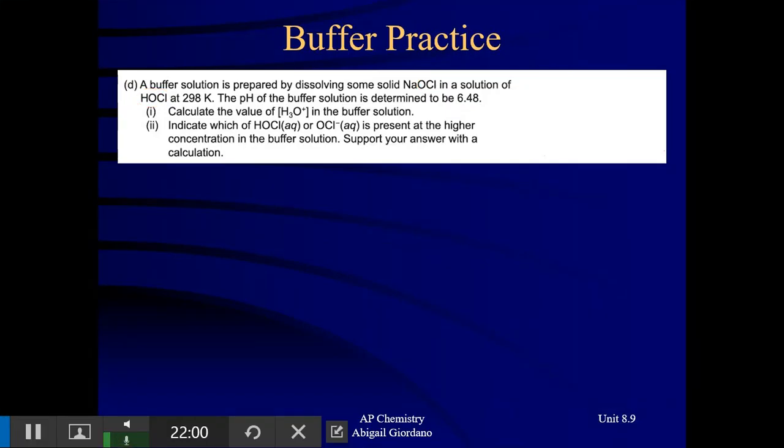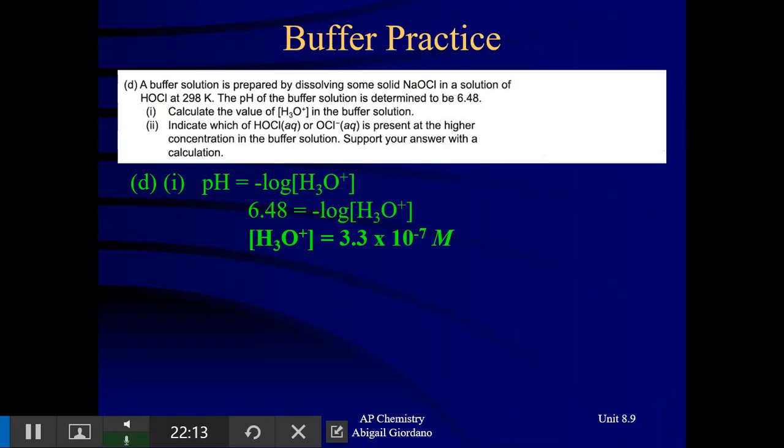So part 1 says calculate the value of the hydronium ion concentration in this buffer solution. Guys, remember H3O plus and H plus represent the same thing. So all I had to do was use my regular old pH equation to solve for the hydrogen ion concentration or the hydronium ion concentration.